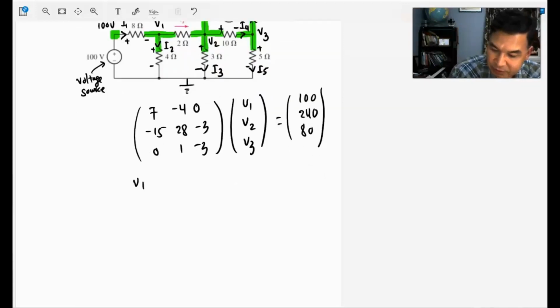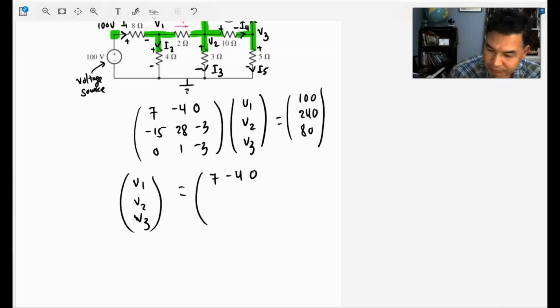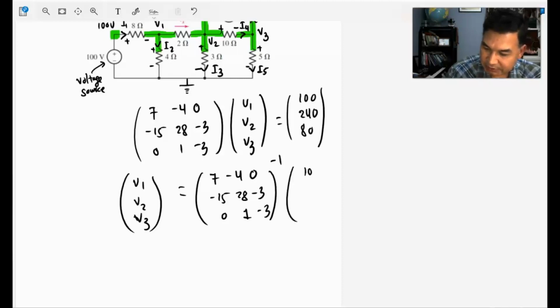So V1, V2, V3, which are the unknown voltages that we're going to solve, equal the inverse of this 3×3 matrix, 7, -4, 0, and so on, times the right hand side, a 3×1 matrix.